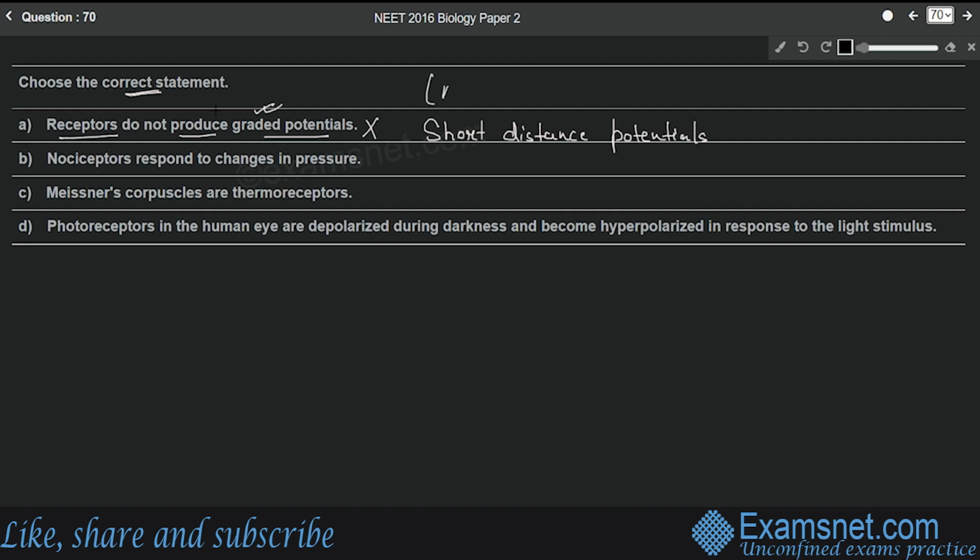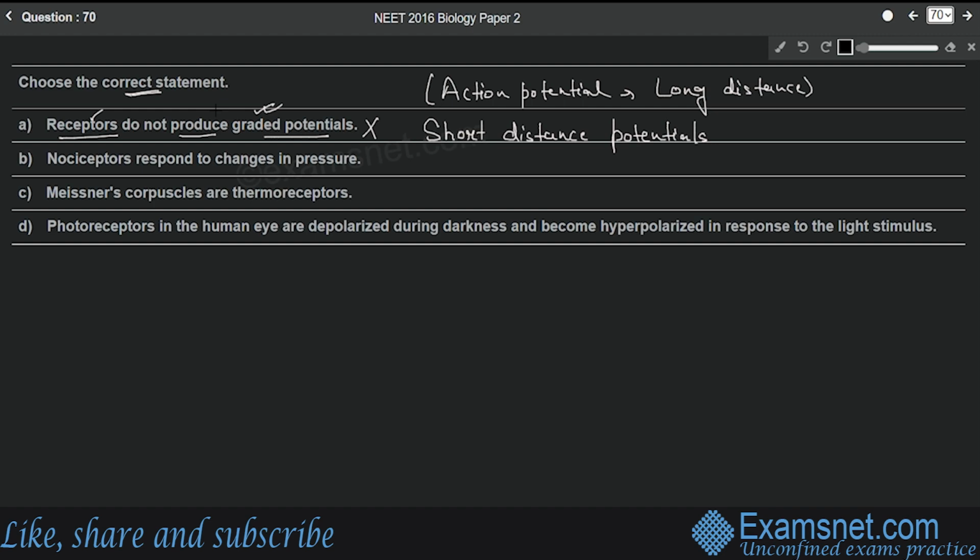Remember that action potentials are long distance potentials. So here the receptors produce the short distance potential that are graded potential. So this is an incorrect statement.